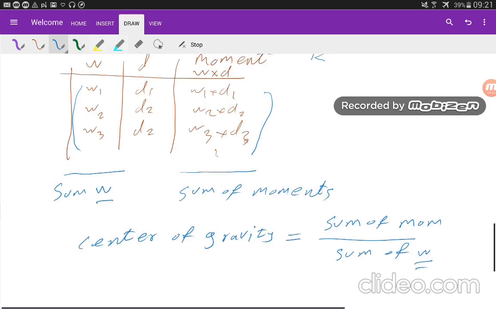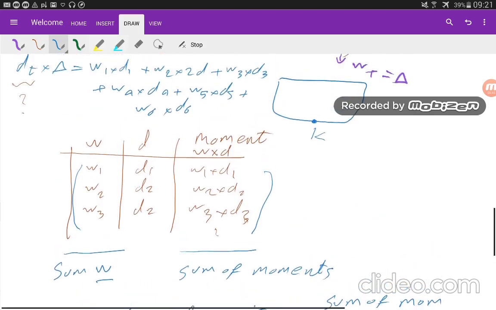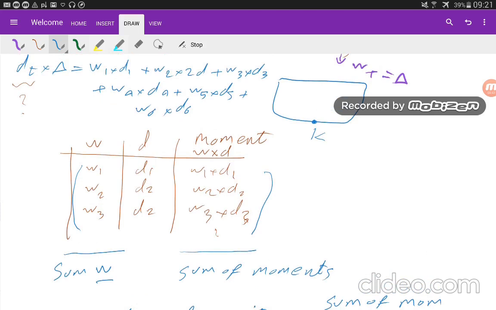So just remember, if you add the cargo, if you add the load, your weight will be plus. If you remove any cargo, you have to mention it as a minus, and in the moment also you will have the minus.